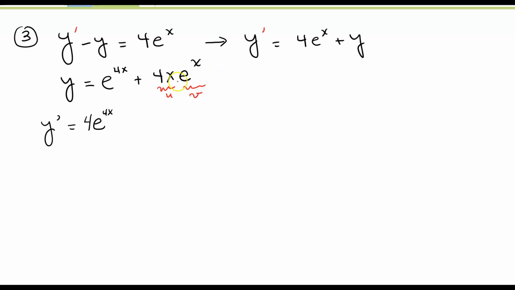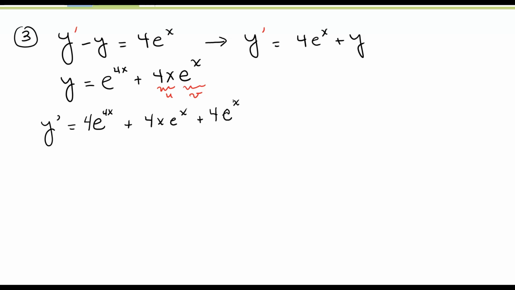So we're going to say uv prime, so 4x multiplied by e to the x. And then we're going to say vu prime. So that should be 4e to the x, so vu prime, 4e to the x.